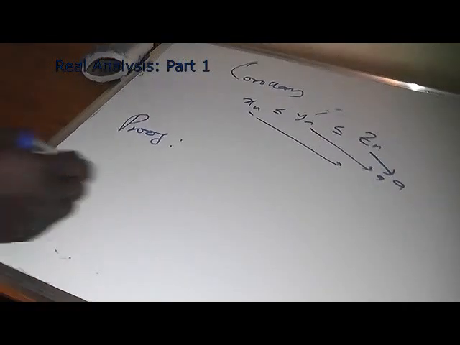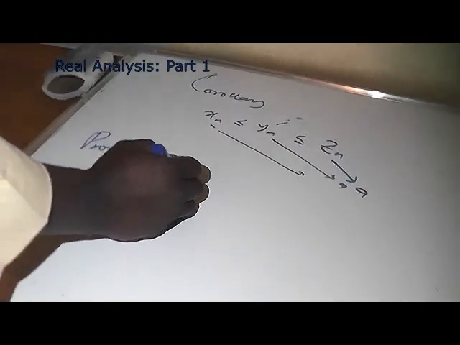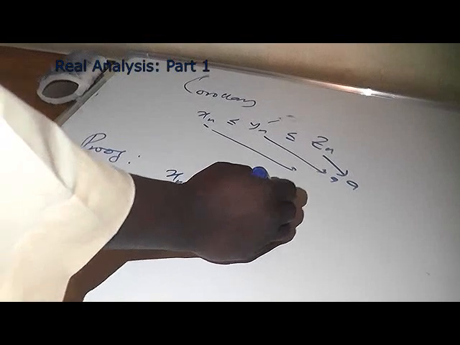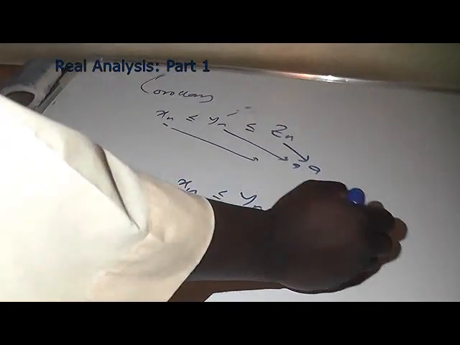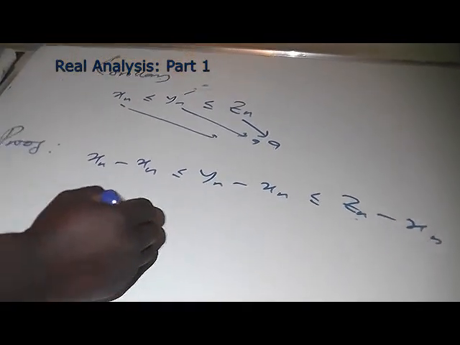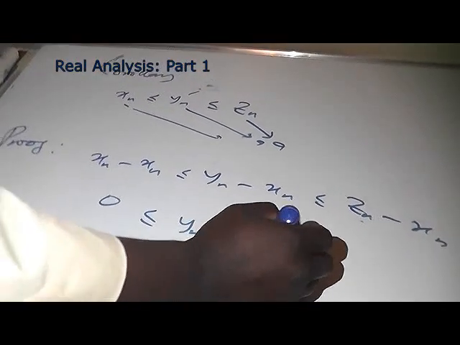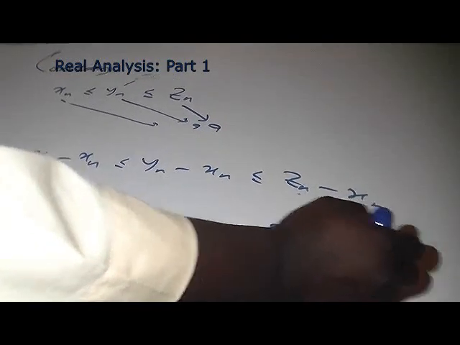The proof. Now, subtracting xn all through, we have xn minus xn is less than or equal to yn minus xn, less than or equal to zn minus xn, meaning that 0 is less than or equal to yn minus xn, less than or equal to zn minus xn.